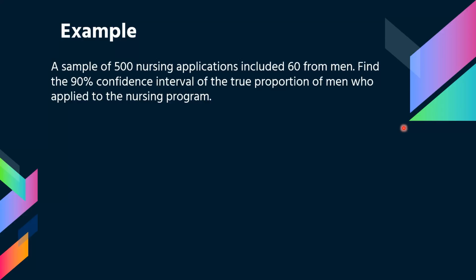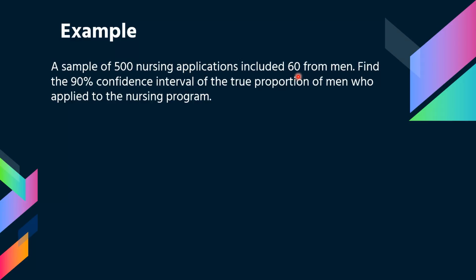So, ayun, may nursing application. Pero they only identify 60 men. So in other words, out from 500 nursing applications, meron pang ibang lalaki na kumuha ng application for nursing.